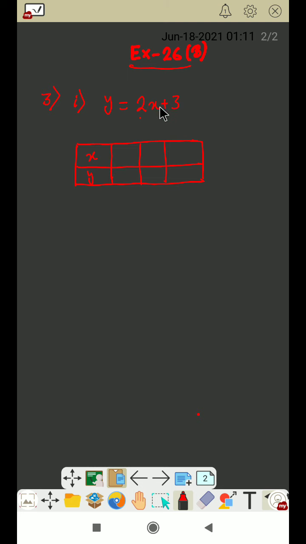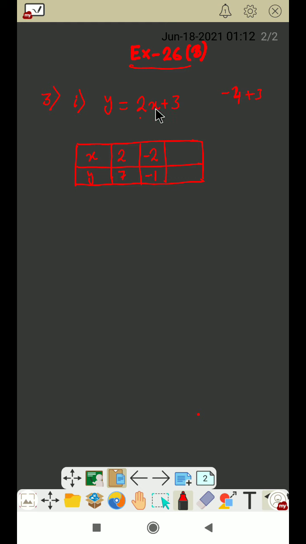Now put here firstly 2. If you put 2, then you will get 2 times 2 is 4, plus 3, it will be 7. Now put here minus 2. If you put minus 2, then you will get minus 2 times 2 is minus 4, plus 3, it will be minus 1.